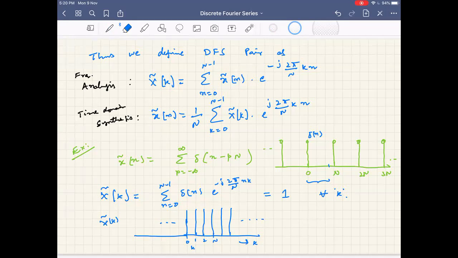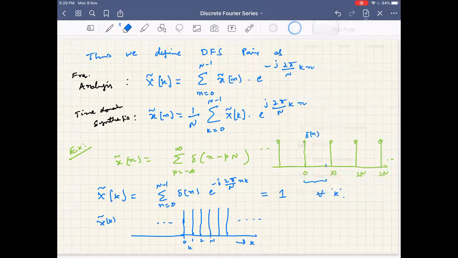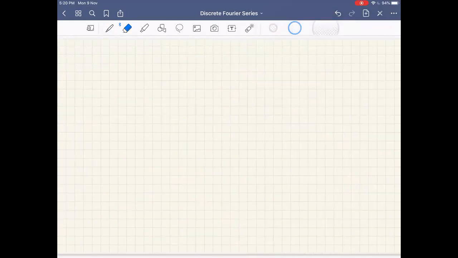Similarly, you can see other examples. Let us take one more example before we close this discussion. Let x tilde of n be equal to 1 for 0 less than or equal to n less than or equal to 4, and 0 for 5 less than or equal to n less than or equal to 9.